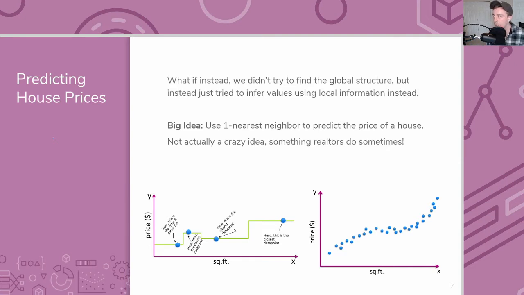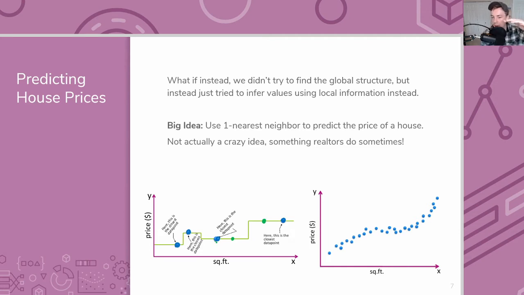Now, what this looks like in the context of regression is if you imagine our example of square footage of a house and trying to predict price, we might have some example points. And then if we're ever interested in finding the price of, say, a house here, we just find the house with the closest square footage and then predict its price. What I've drawn here in green is essentially the predictor that for any square footage x, finds the nearest example in our training set, in this case one, and then predicts its price.